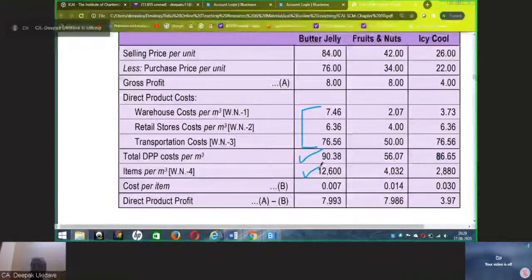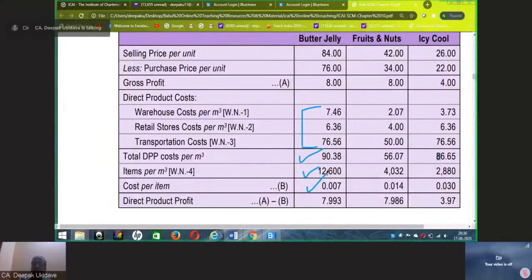We calculated in working note 4 the number of cartons, the metric cube, and the number of items in each carton. So cost per item will be 90.38 divided by 12,600. Do this on the calculator. You get 0.007.